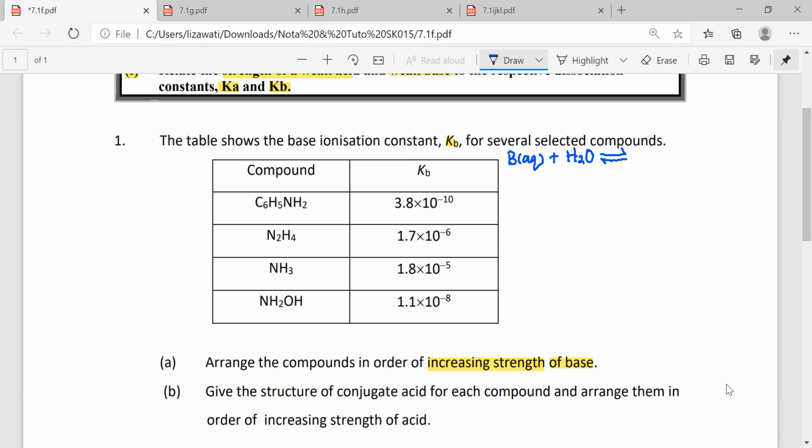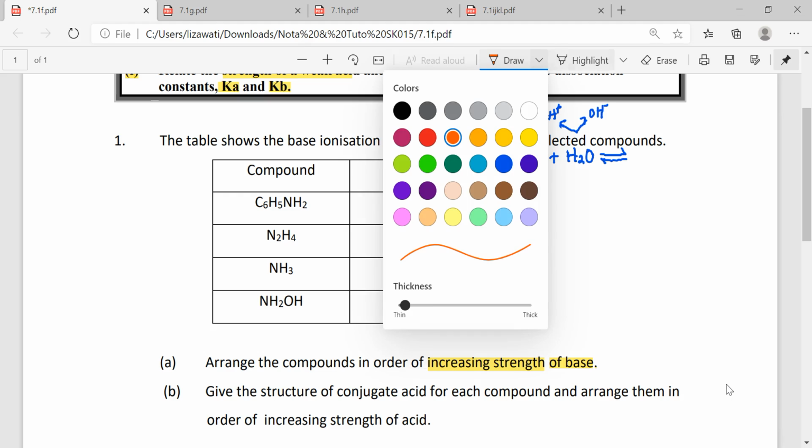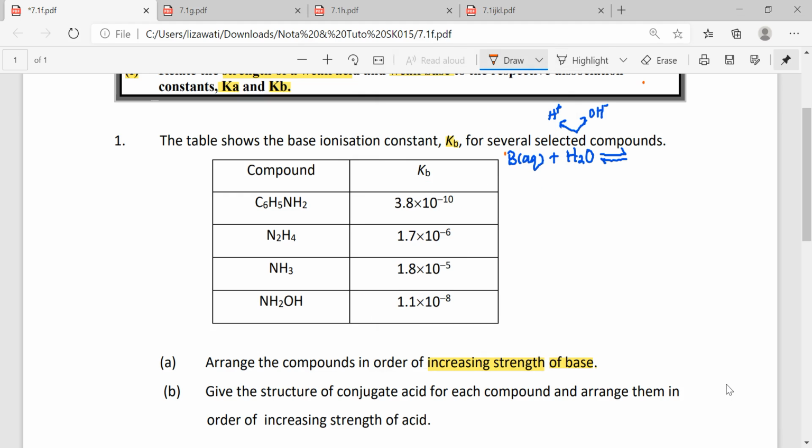H2O will dissociate into H plus and OH minus. Since the weak base contains a lone pair, it can accept a proton from H2O. Therefore the products formed here are BH plus and OH minus.